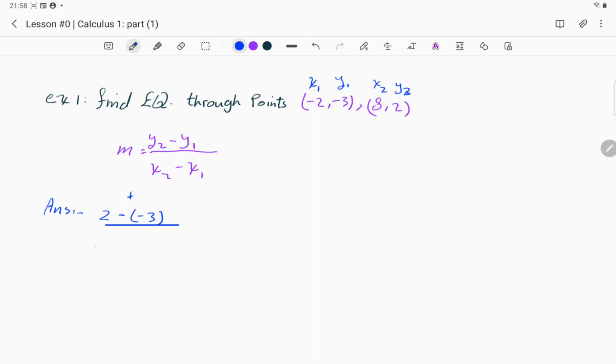And then you have 8 minus -2, which again is plus, basically.